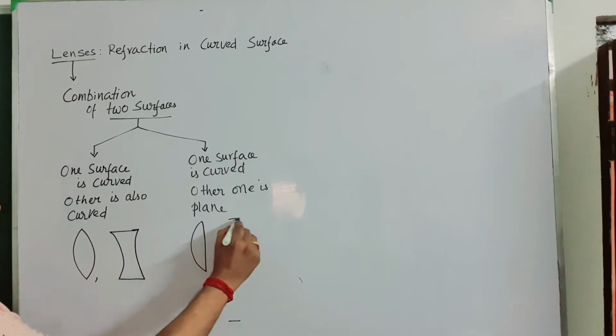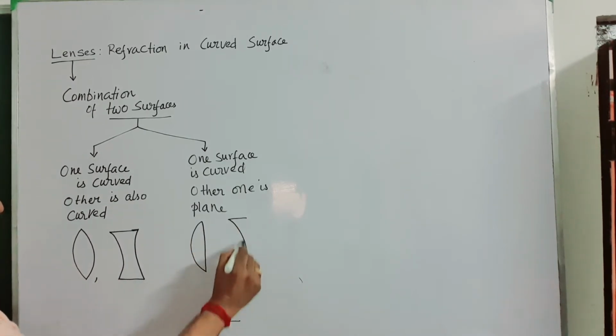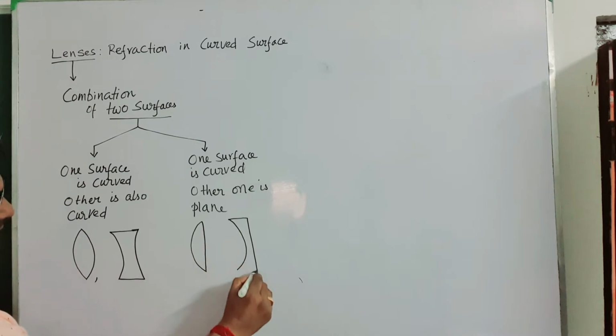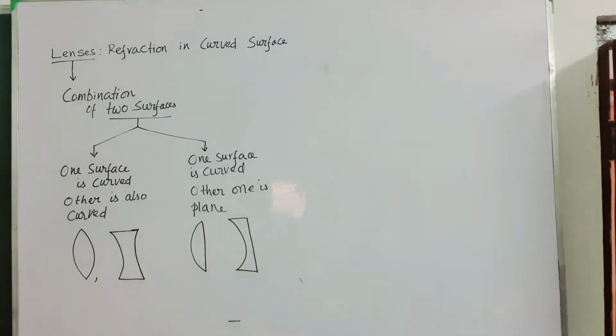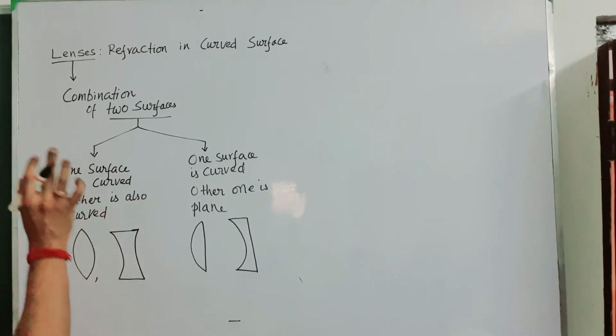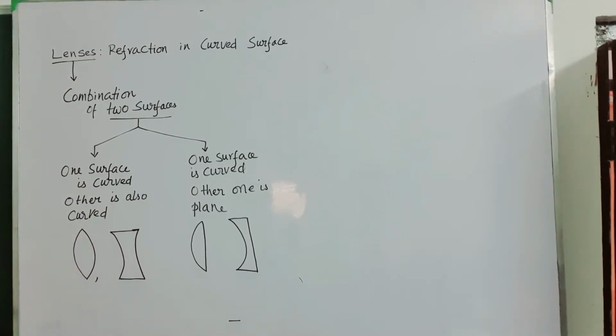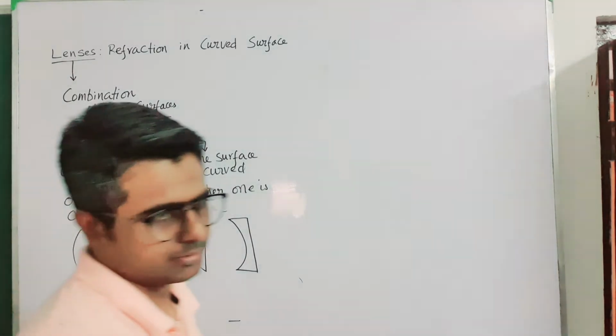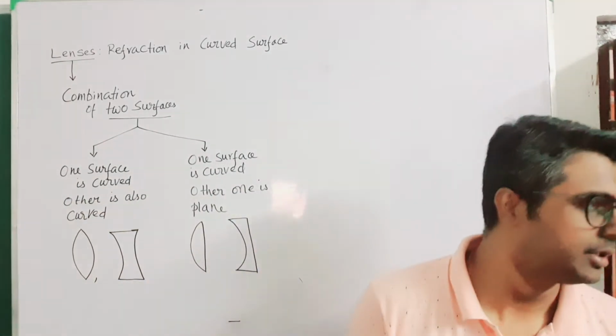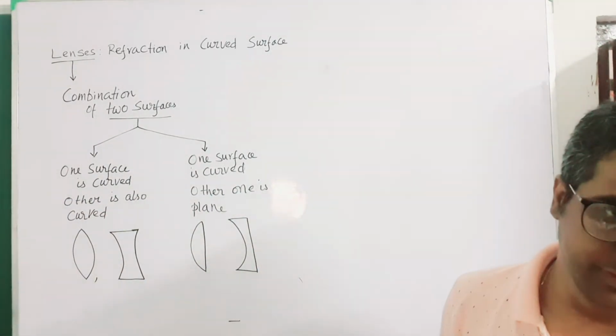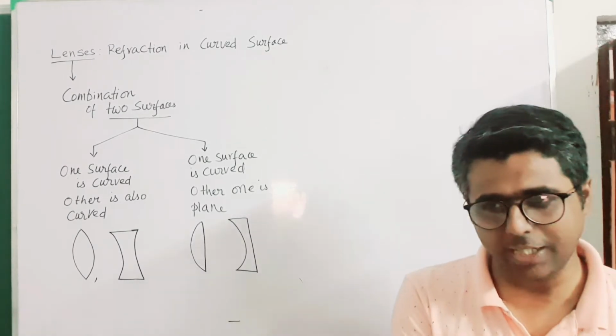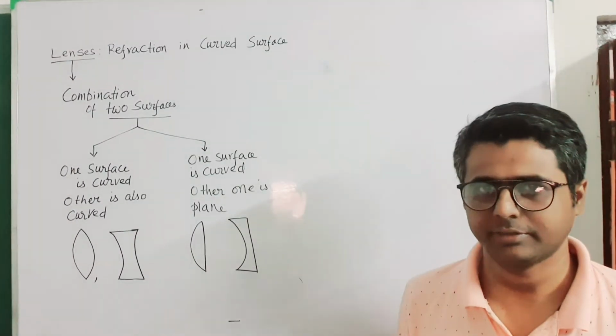I can draw the similar kind of thing over here. So this is basically lens. Again I am repeating. Lens is basically bounded by two surfaces. Both the surface may be curved, or one surface is curved, other surface is plane.